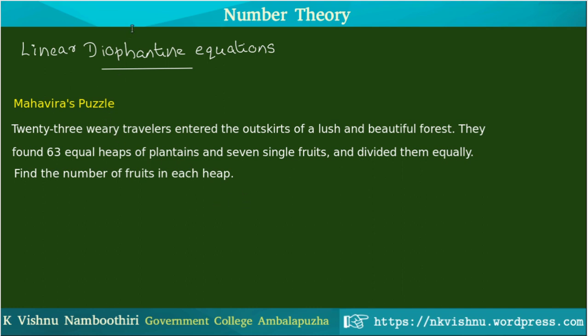So if we start converting this question into algebraic terms, as usual, we use the variables x and y to denote the unknowns, and there are actually two unknowns. Even though we are supposed to find only one number, which is the number of fruits in each heap, there are actually two variables. We will see how.